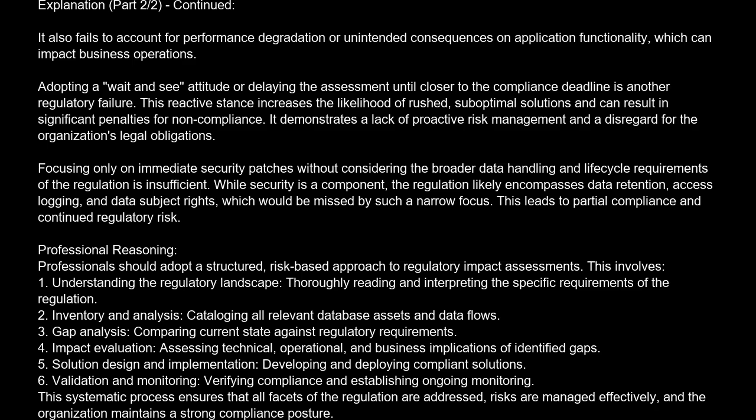Professional reasoning. Professionals should adopt a structured, risk-based approach to regulatory impact assessments. This involves: 1. Understanding the regulatory landscape, thoroughly reading and interpreting the specific requirements of the regulation. 2. Inventory and analysis, cataloging all relevant database assets and data flows. 3. Gap analysis, comparing current state against regulatory requirements. 4.